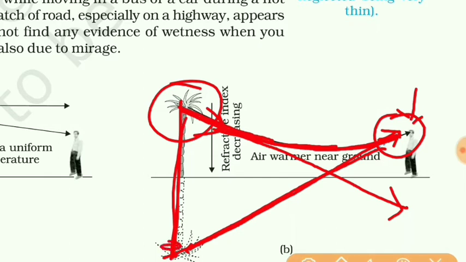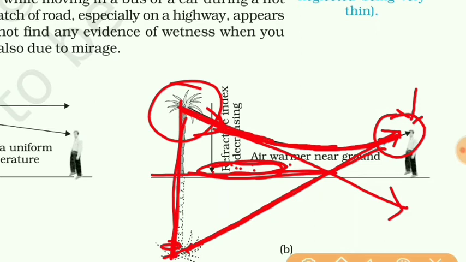Students, you might have observed during summer when you are moving in a car that at a far away distance you find a water surface. That means some water is spilt on the road. That type of illusion is observed on the road during summer, because in summer the roads get heated, and so the air above the road is hot, and due to that we feel that there is some water spilt on the surface.